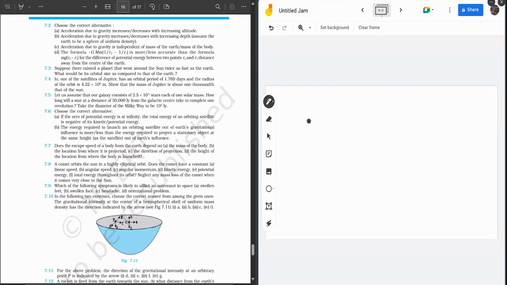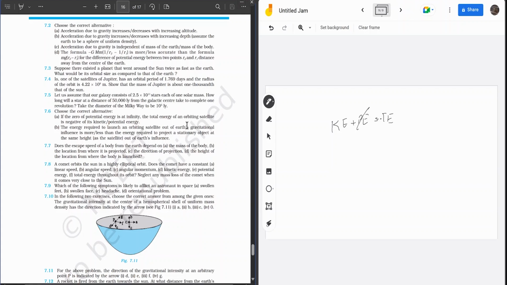Okay, so now the total energy of an orbiting satellite is negative of its kinetic energy. Okay, because the formula is kinetic energy plus potential energy is equal to total energy. Potential energy is 0, and if we look at the ratios, this becomes negative. So that's our answer.